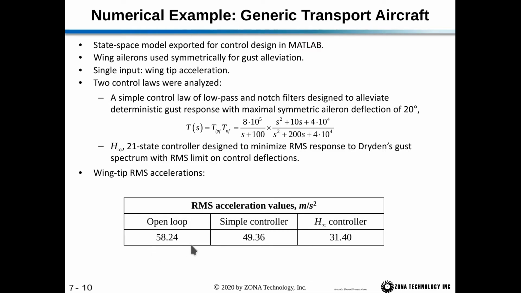So open loop, we have 58.24 meters per second squared RMS acceleration due to the gust excitation. With a simple controller, we can reduce that down to 49.36, and then with the H infinity controller, we can further reduce that to 31.4. So this is the type of analysis that you can do in ZAERO using the continuous gust module.